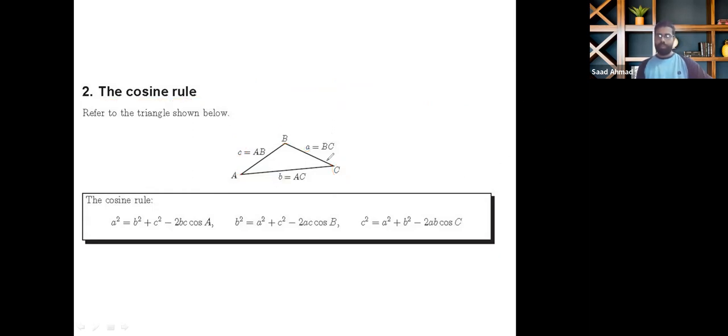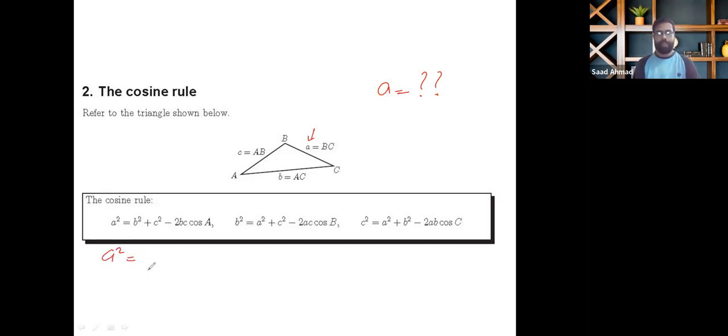So what does it say? If we want to find this side a, what do we need to know?